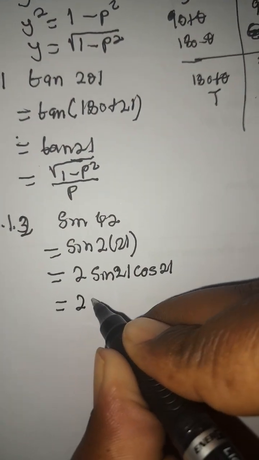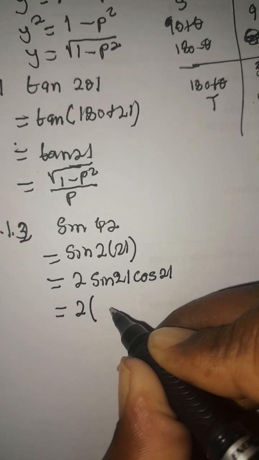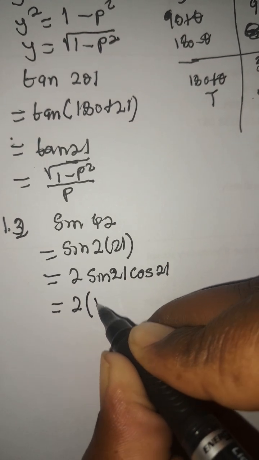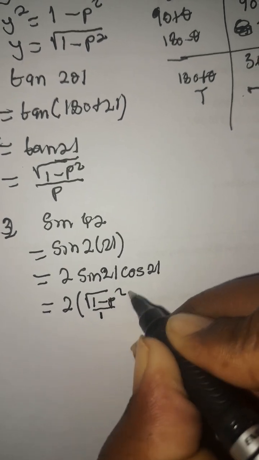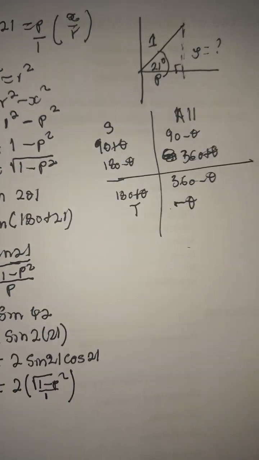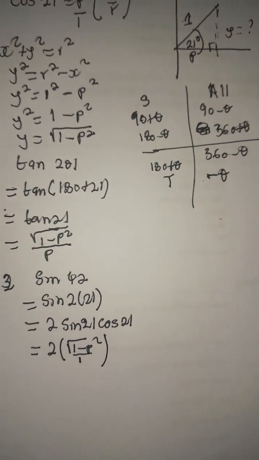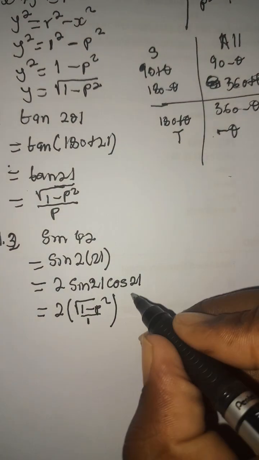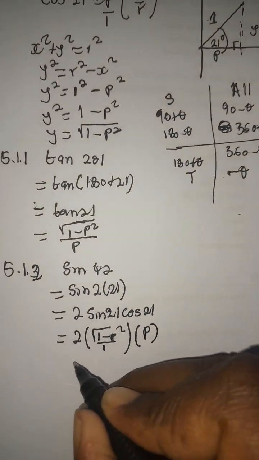So from here, sine 21, remember, it's opposite over hypotenuse, which will be root 1 minus p squared, where the hypotenuse was 1. If we use here, we can see the hypotenuse was 1, and we did calculate y there, right? So cos 21 was also given as equal to p.